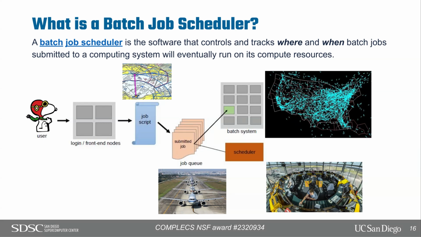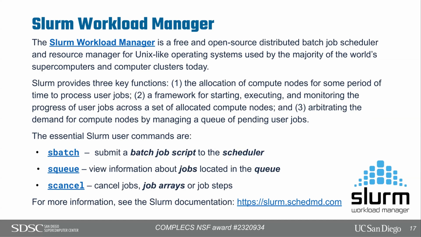So you will wait in line in the job queue once you submit a job to the scheduler, and the scheduler will sort out where and when the job runs. As this talk highlights, Slurm is the most popular scheduler used on HPC systems, and that's what we have on most of our systems here at SDSC as well.